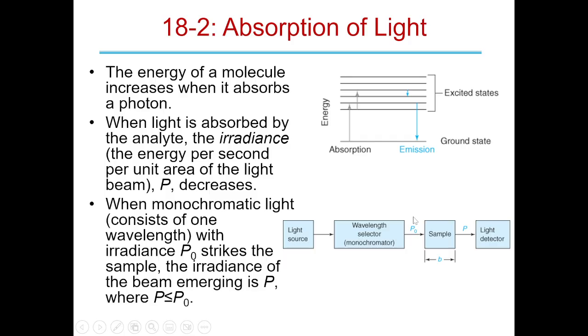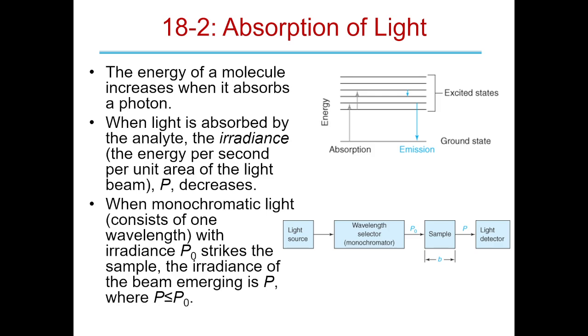Okay, so P0 is going to be the irradiance. Essentially, it's the amount of energy per area that strikes your sample. You will then have a sample, it will have a path length, and that will reduce P0 by some amount, by absorbing it.